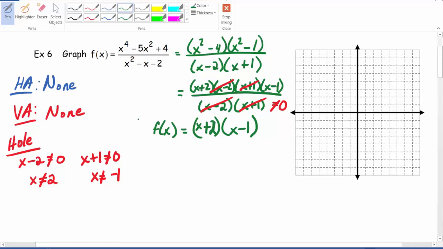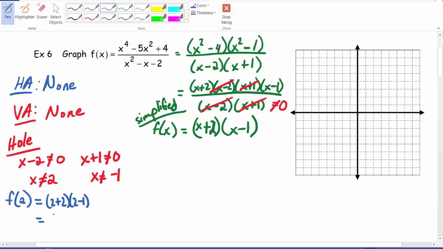So we throw in 2 and see what we get. f of 2, taking this x value of 2 and putting it into our function, equals 2 plus 2 times 2 minus 1.